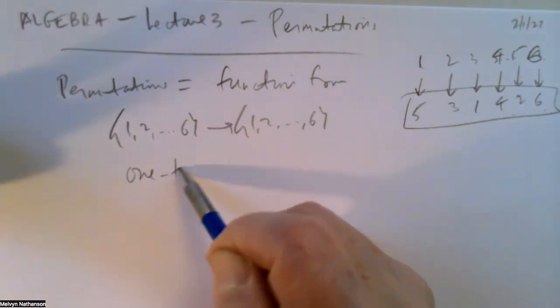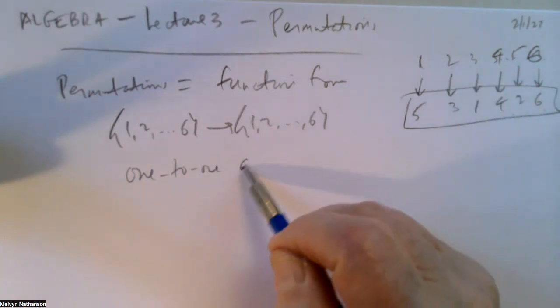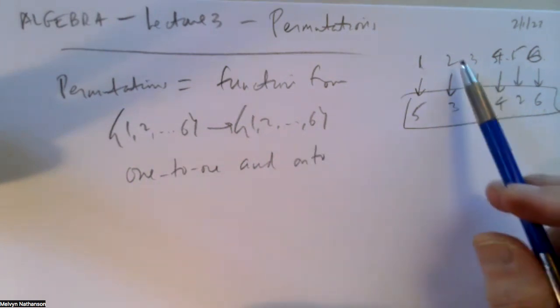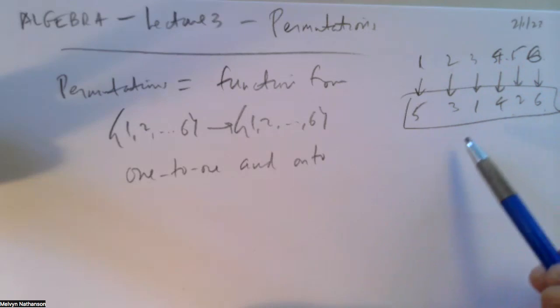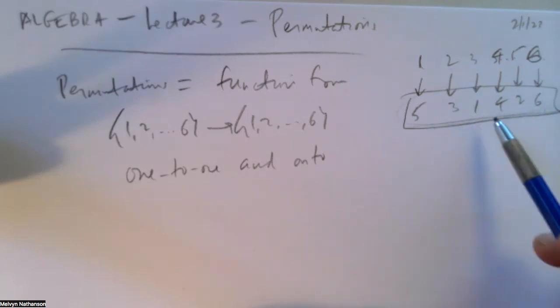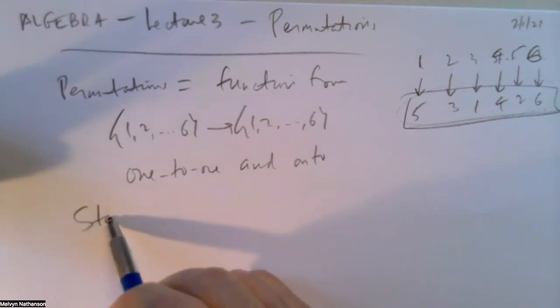It has to be 1 to 1. So 2 different numbers get sent to 2 different numbers. And then it's automatically what is called onto, which means if you send every pair of numbers to different numbers, then the image has to be the numbers you started with, all of the numbers, just in a different order. And that's a permutation.